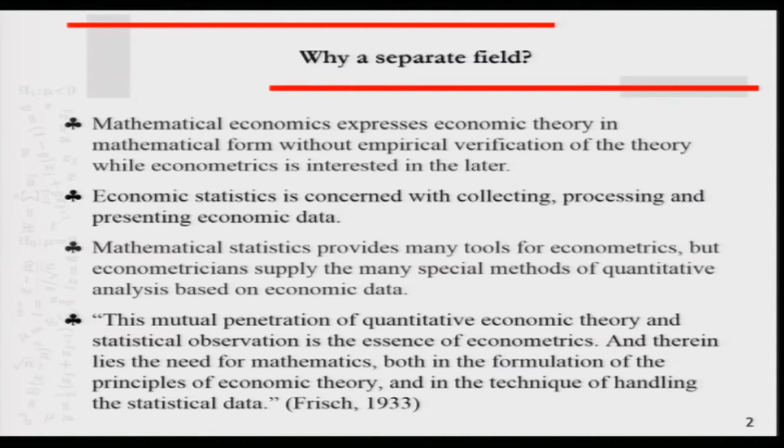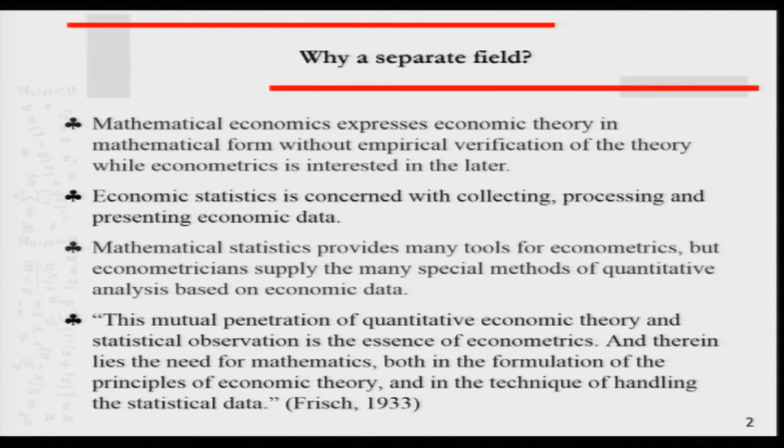Mathematics provides that mathematical form, and then once you have some mathematical equations coming from the economic theory, you can take it to real life and empirically validate that theory using data analysis tools.